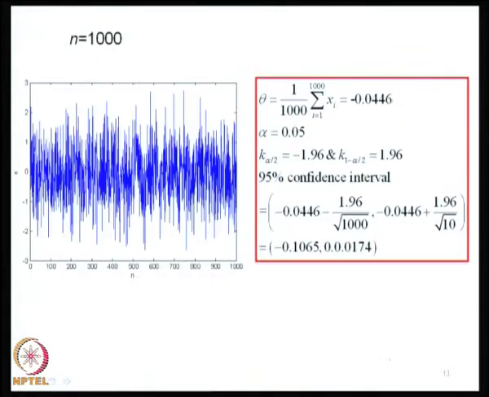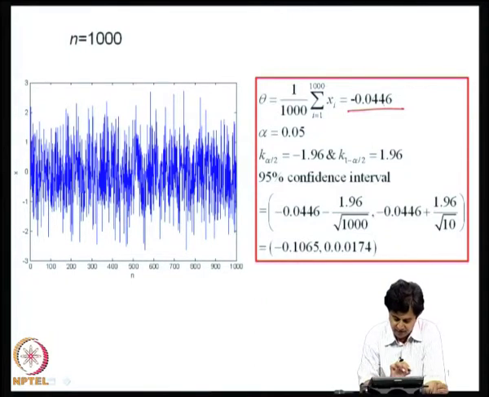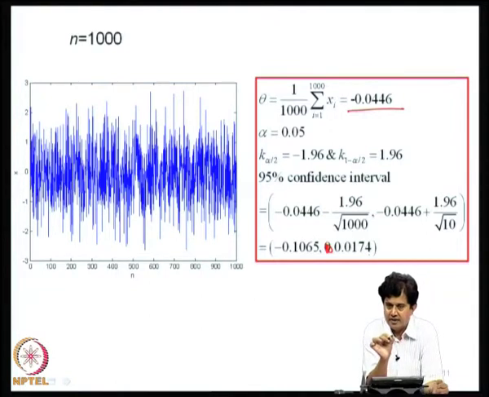Now, if I use 1000 samples, I have just plotted these 1000 numbers, I get point estimate as minus 0.0446, and again with 95% confidence I can say that the interval minus 0.1065 comma 0.0174 contains the population mean. I can say that with 95% confidence.